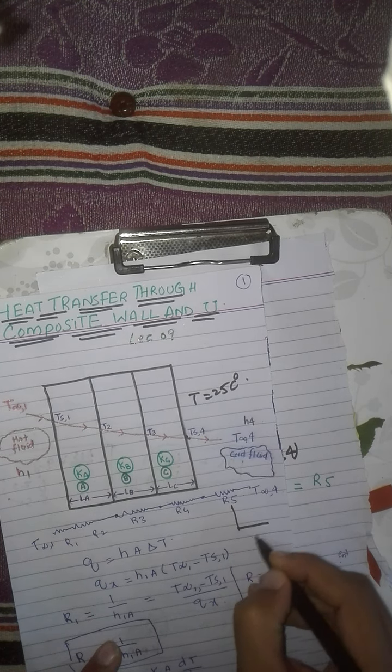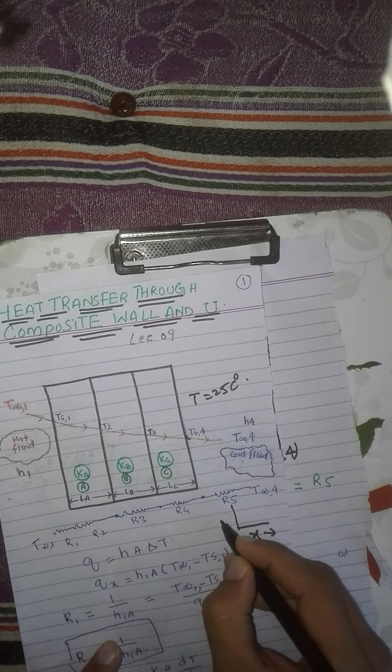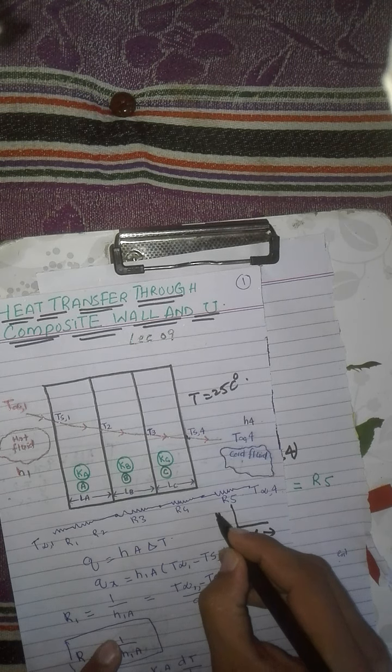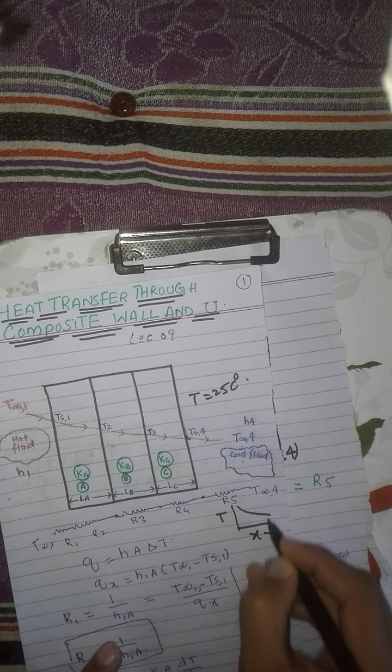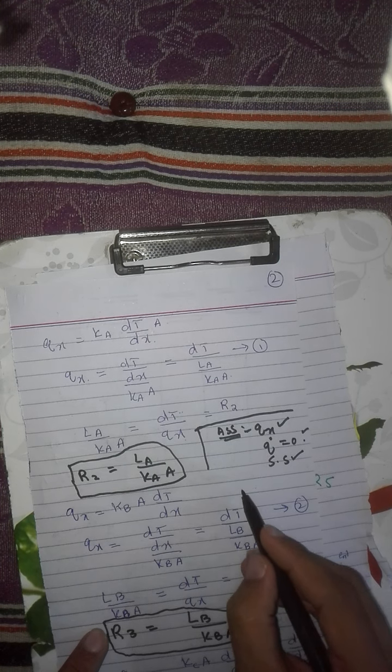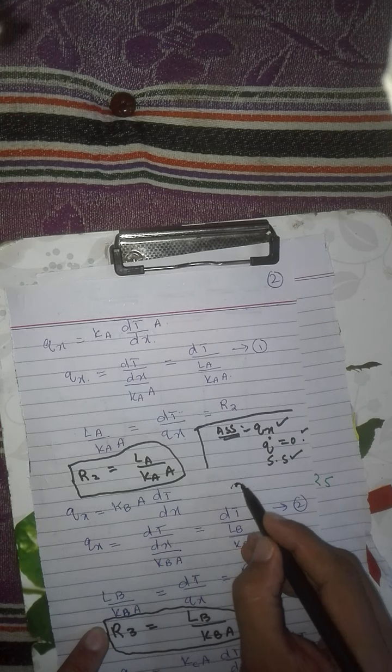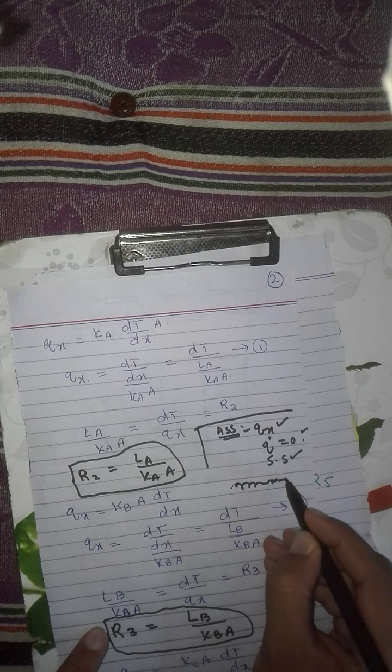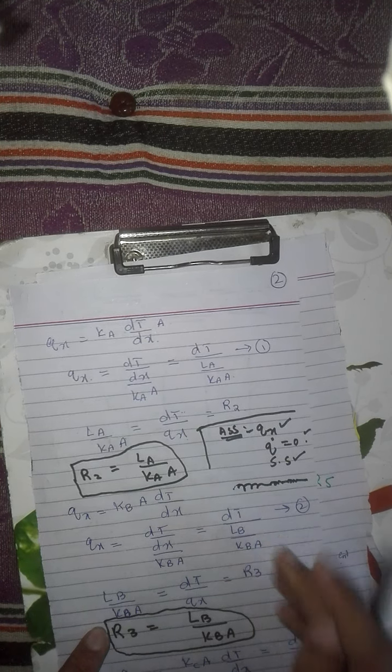Suppose this is the x direction, so the temperature changes and the heat transfers in the x direction. From our assumption, we can say that the wall and the fluid are connected in series. Suppose these are a series combination.